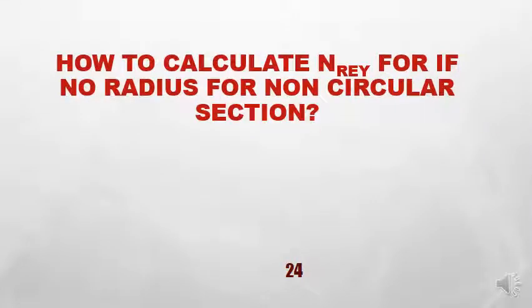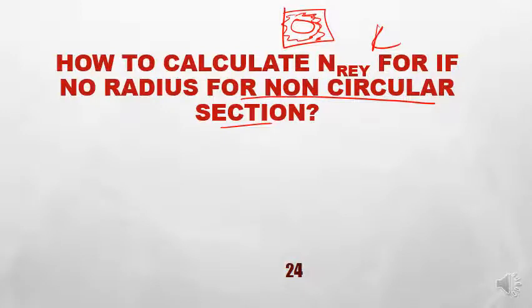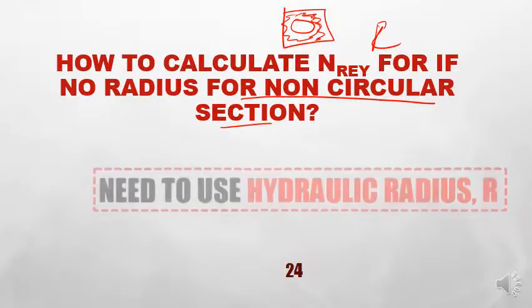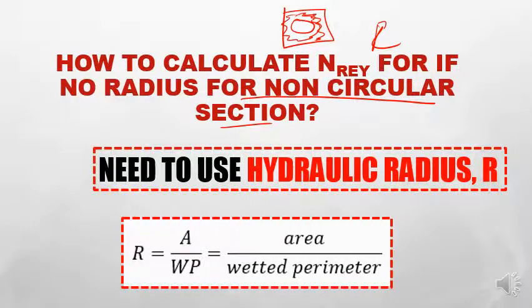So how do we calculate the Reynolds number? If the shape is non-circular, we don't have the D. For example, when the flow moves inside it, we don't have the D. That's why we introduced the hydraulic radius, R. The hydraulic radius can be determined by the ratio of area divided by wetted perimeter.